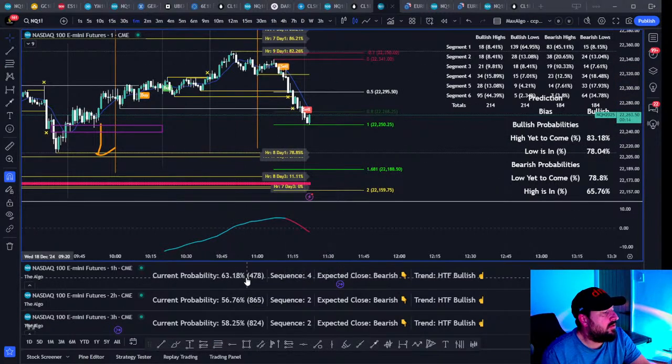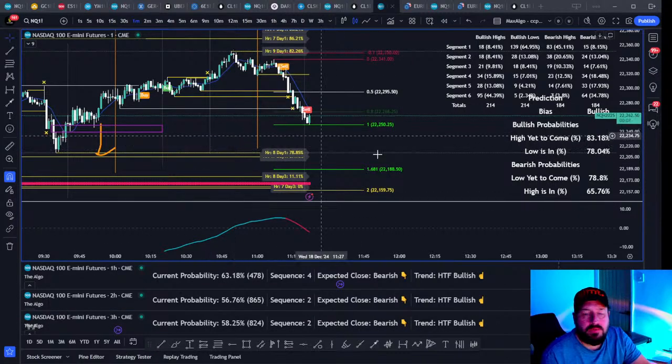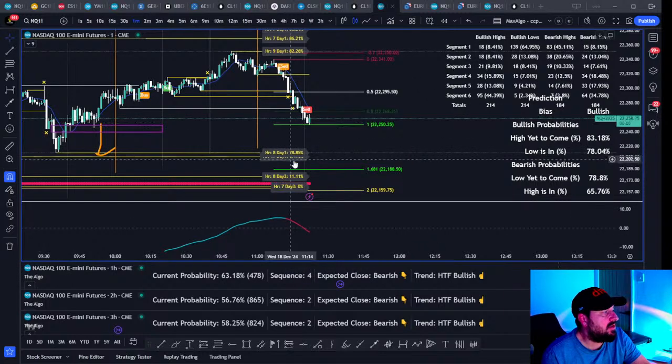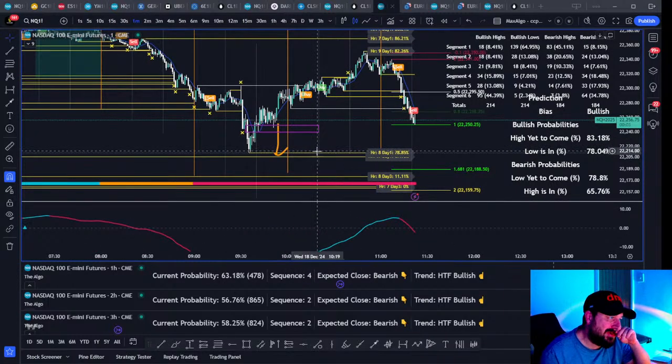We don't have the algo on our side. Everything else is still bearish, but well, we have got the algo on our side, but we don't have as much high probability.